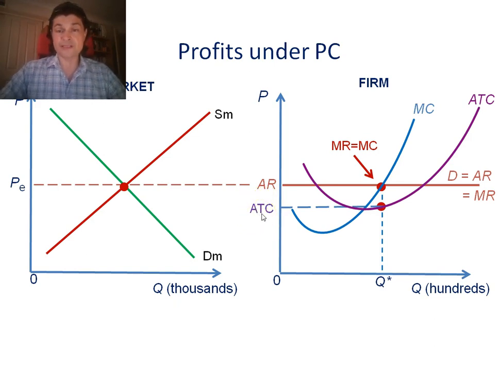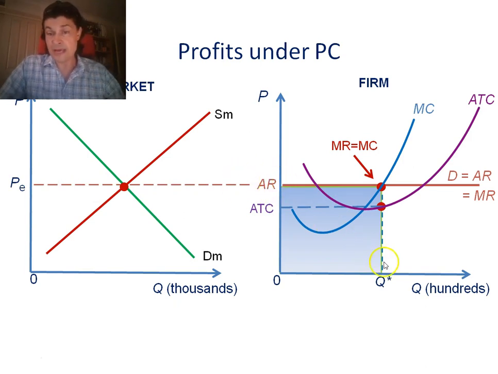Now you can see that the blue rectangle is our total revenue, and the reason why it's a total revenue is because it's a multiplication of the price, which is also equal to our average revenue, and the quantity Q star. So that gives us this blue area here. So this is our total revenue.